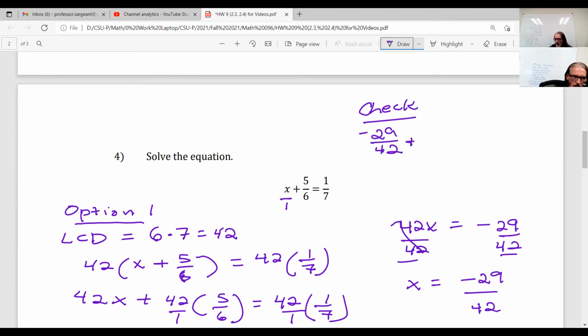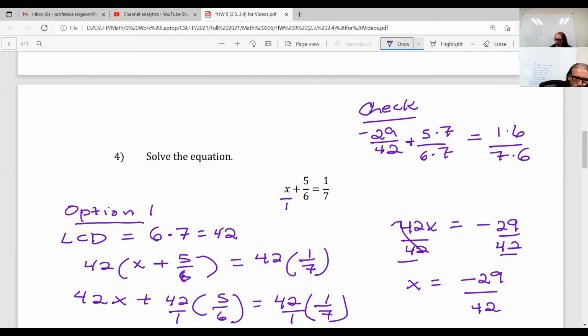I can multiply top and bottom of that second fraction by 7, and the fraction on the right-hand side, top and bottom by 6.